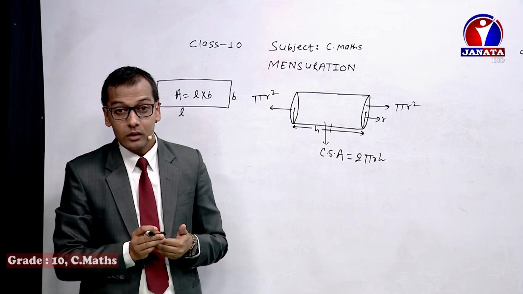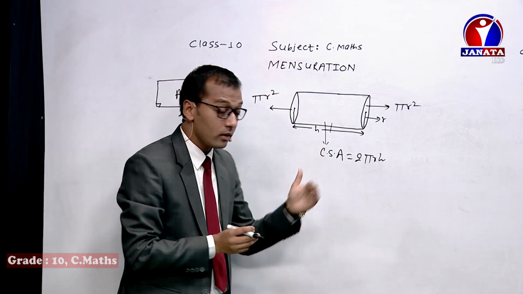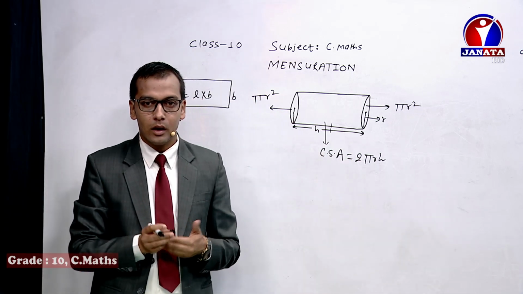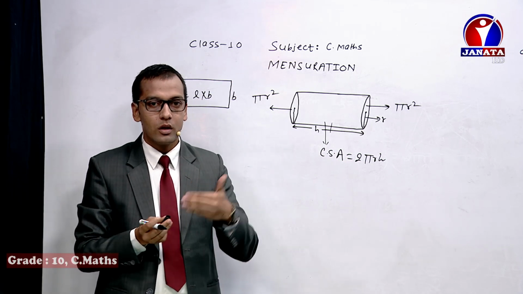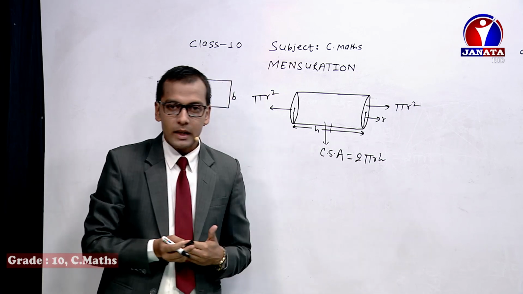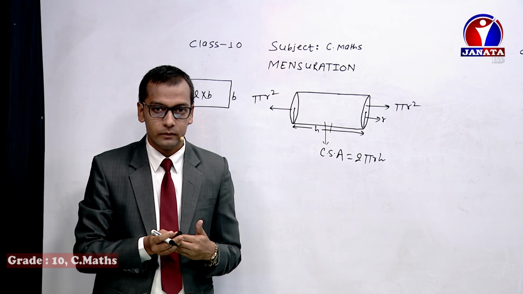Area of base pi r square, curved surface area 2 pi r h. Now what is total surface area? After knowing area of bases of this solid and lateral surface area, now we should know what is total surface area. In fact, total surface area of any solid is area of all the surfaces.